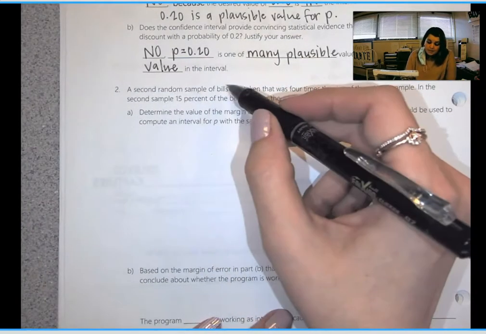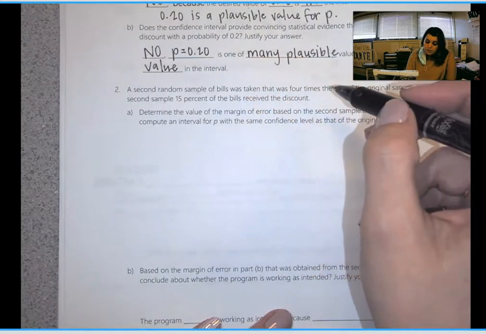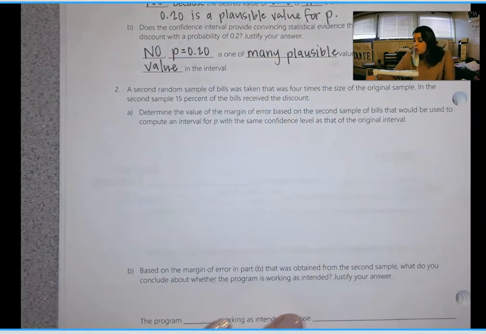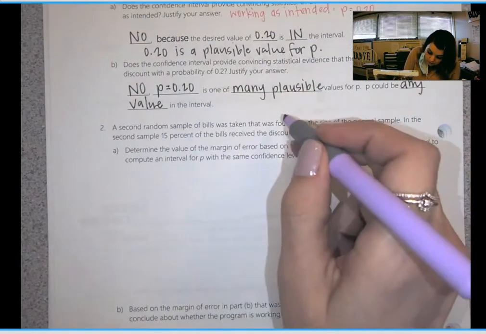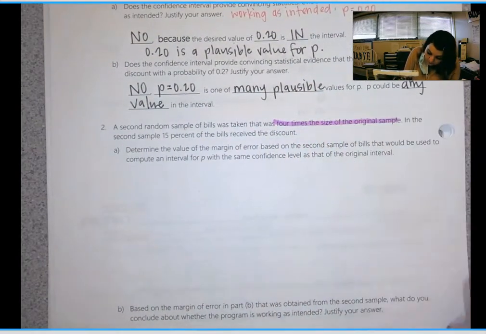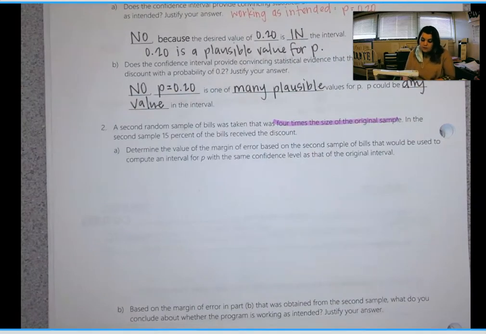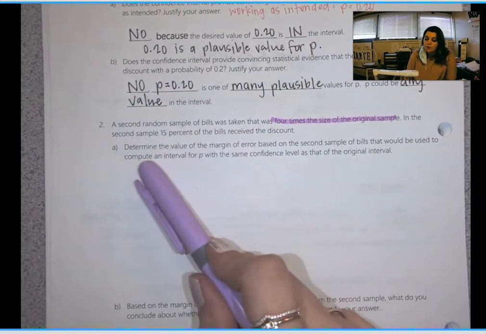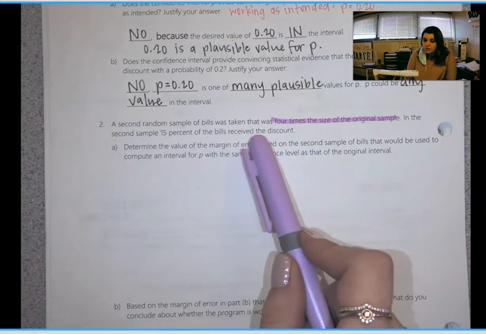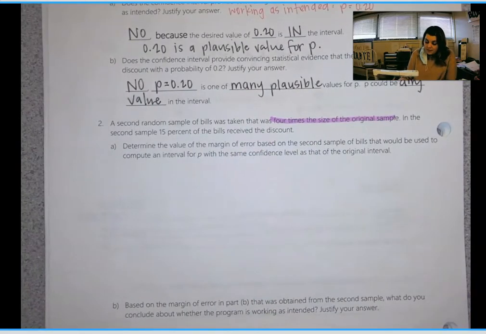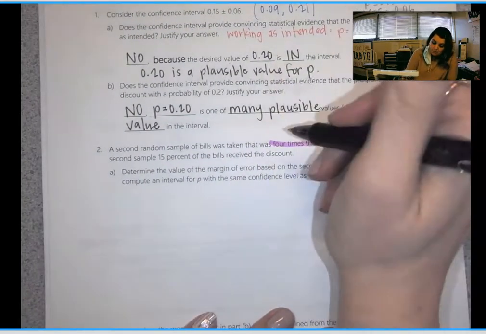So a second random sample of bills was taken that was 4 times the size of the original sample. In the second sample, 15% of the bills received a discount. So P hat stays the same.